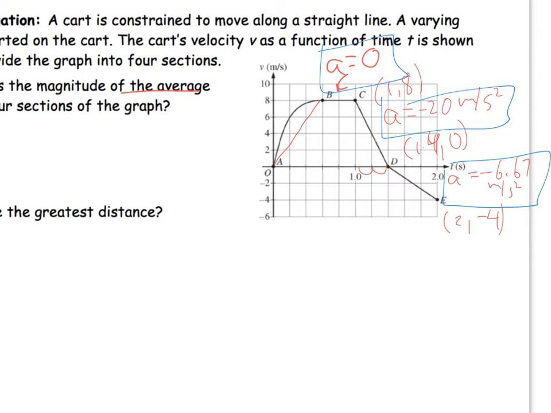So all we're going to do is find the slope of the line directly connecting A to B, going from 0, 0 to this point here, which is 0.6, 8. So I get a slope of 13.3 meters per second squared.